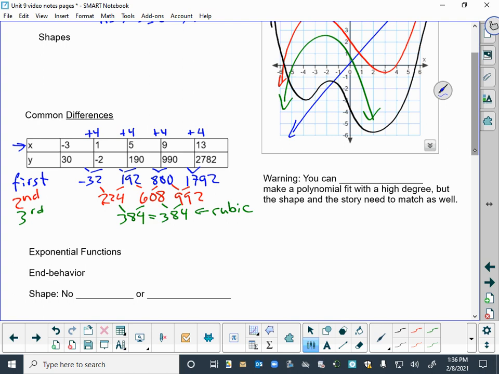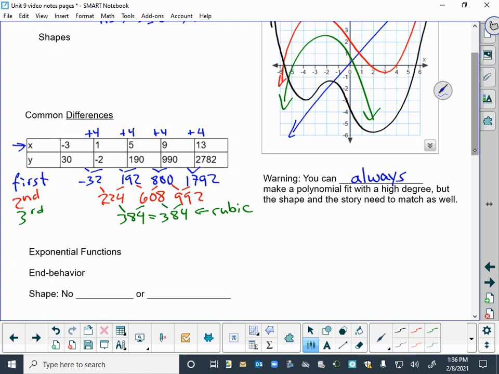So the warning here is that you can always make a polynomial fit if you have a high enough degree on it. But there has to be a reason for choosing a degree that high, and the actual shape, when you look at the data, should match the shape of that polynomial that you're trying to fit.